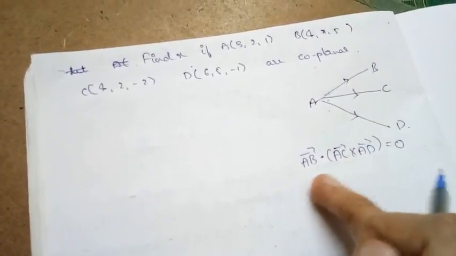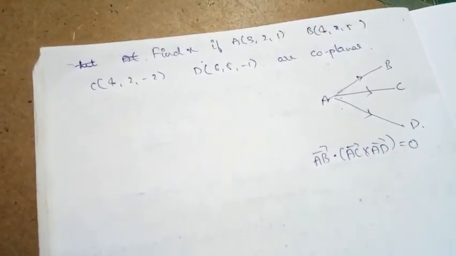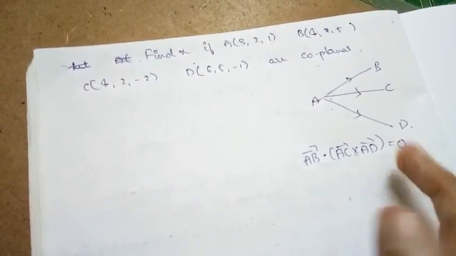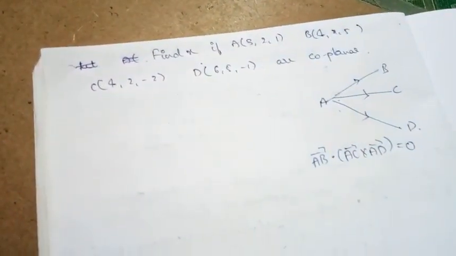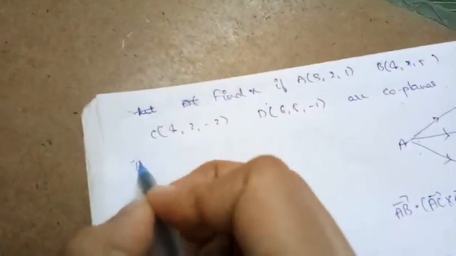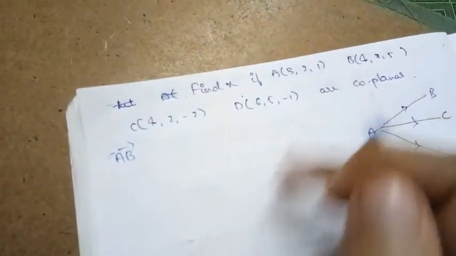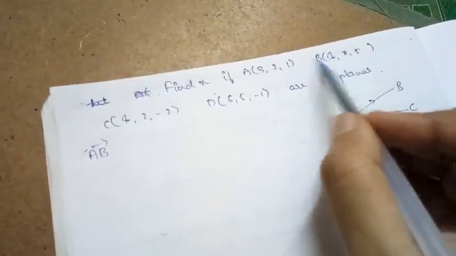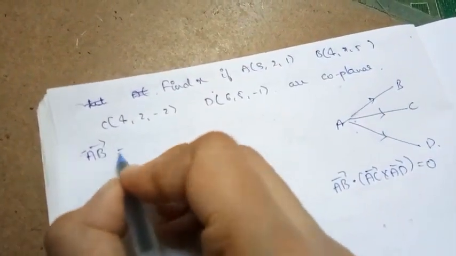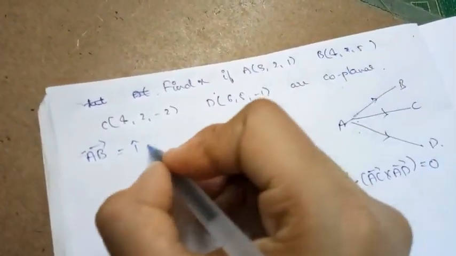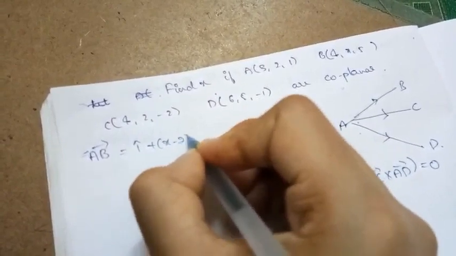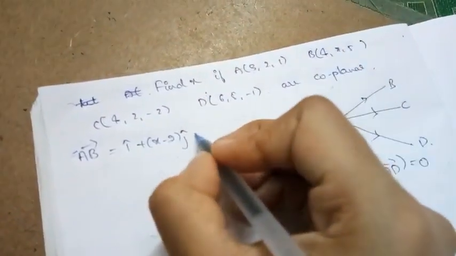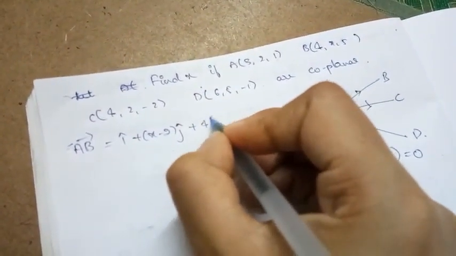So once we get these 3 vectors and set that equal to 0, at that time we can get the value of x. So first thing, we need to find vector AB. They have given you the points, so vector AB is b minus a: 4 minus 3, it is i cap, plus x minus 2 j cap, 5 minus 1, it is 4k cap.